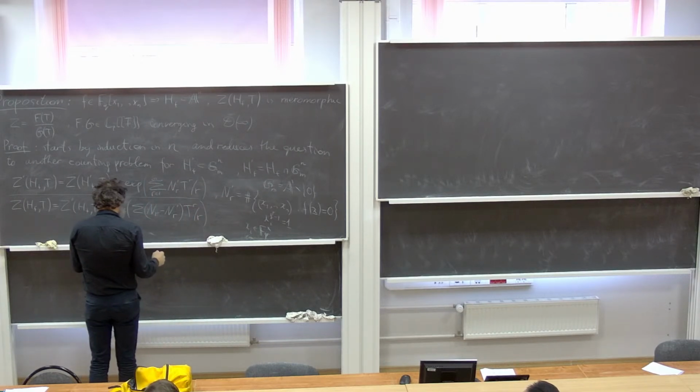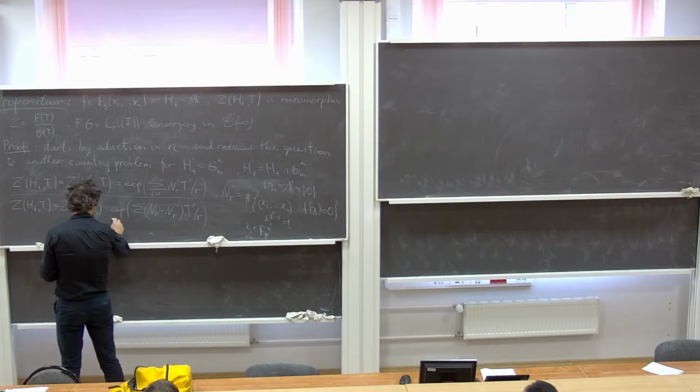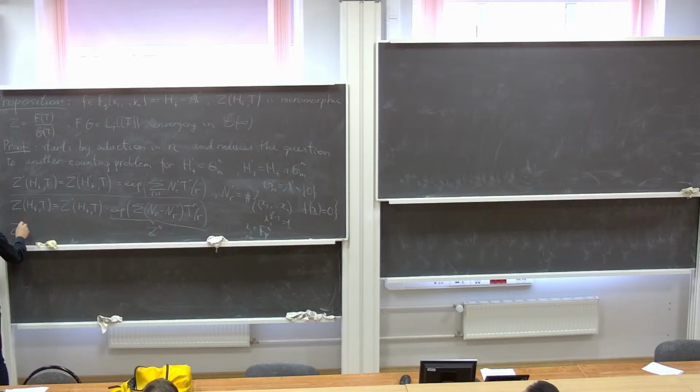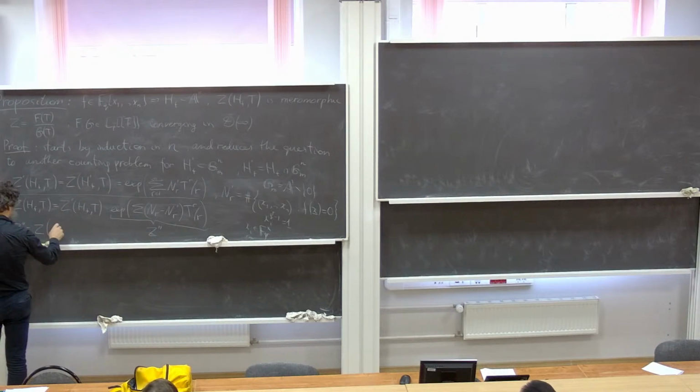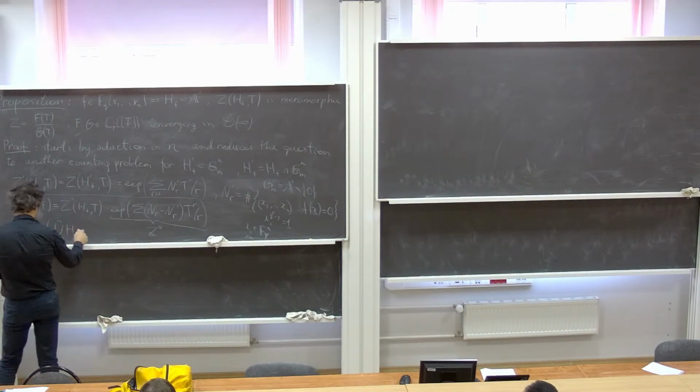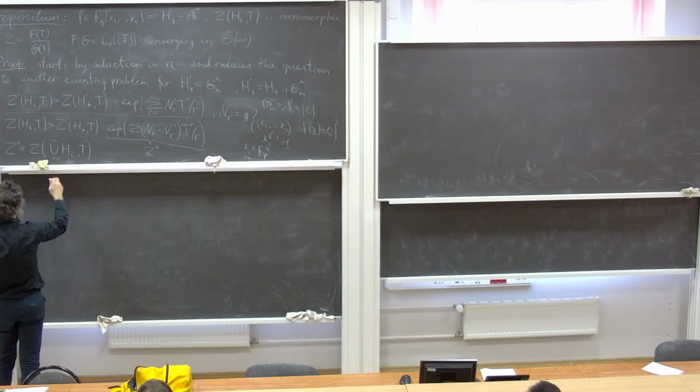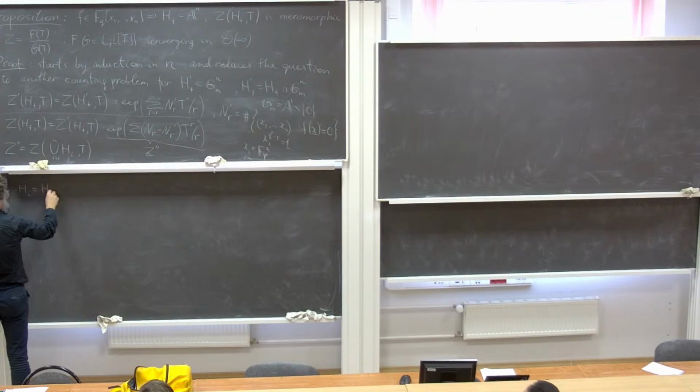And this second factor, maybe let me call it Z double prime. So Z double prime equals the zeta function of the union of H_i, where i goes from 1 to n, and this H_i is just the intersection with the x_i equals 0 hyperplane.